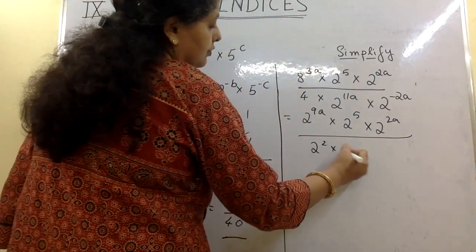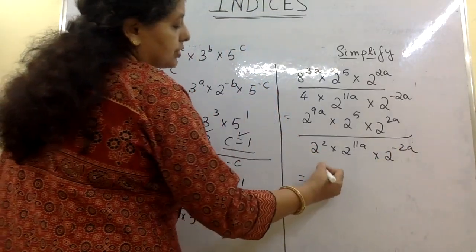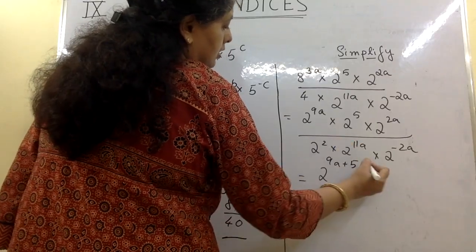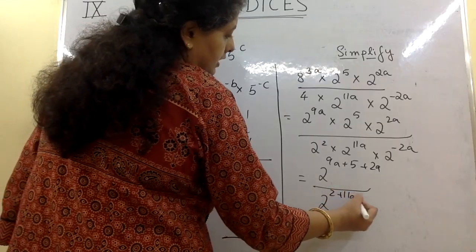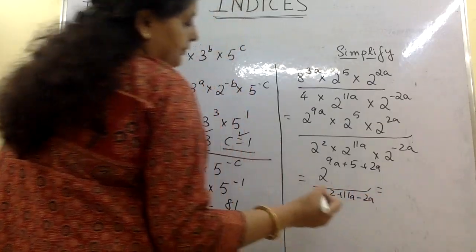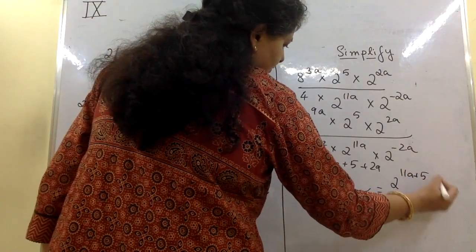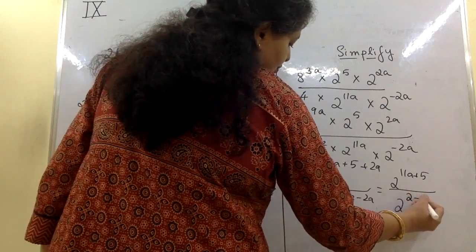2 square into 2 to the power 11a into 2 to the power minus 2a. All base 2's. 9a plus 5 plus 2a. This is 2 plus 11a minus 2a, which is 2 to the power 11a plus 5, 2 to the power 2 plus 9a.